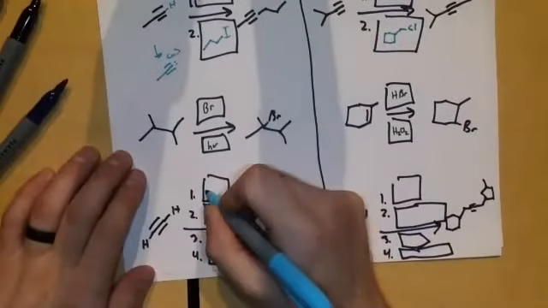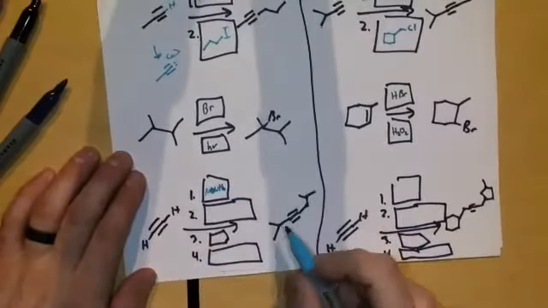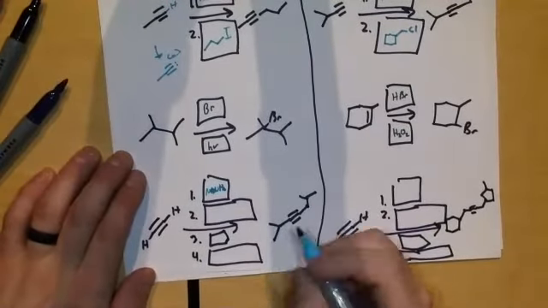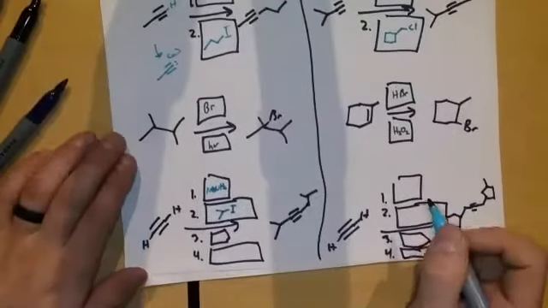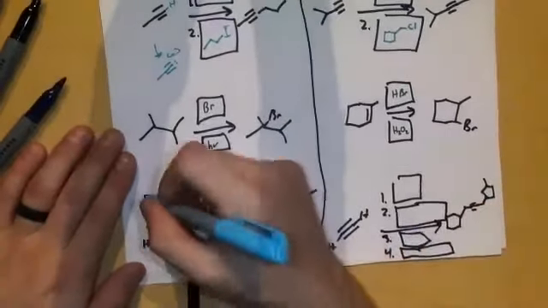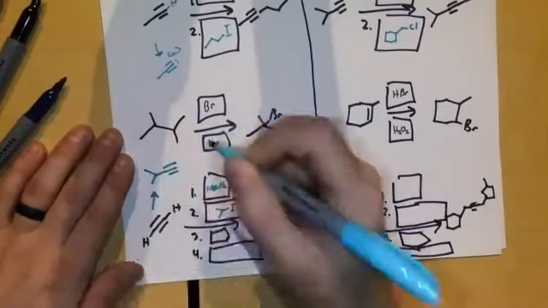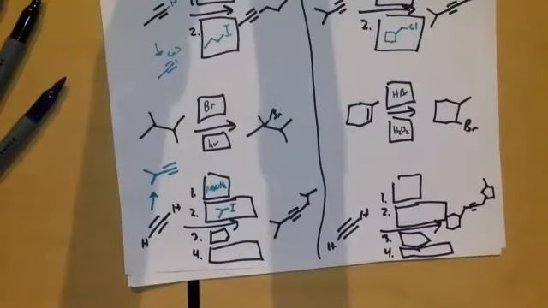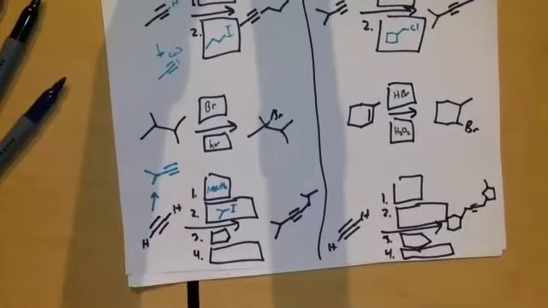So if I was to throw in NaNH2, and then I want to add this side group here, so I need 3 carbons and a leaving group. That would give me this half of my molecule. Like I said, if you wanted to add this side first, it doesn't matter. It'll give you the same thing.